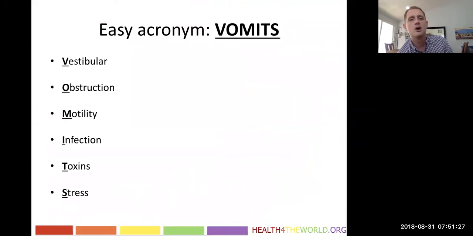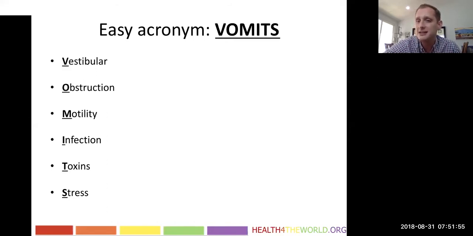So the first step in a patient who's feeling nauseous is to think about what potentially could be causing it. An easy acronym, and there are some longer ones that include a longer list, but I think this is the simplest and most important one, is VOMITS. Each letter stands for different things that can cause nausea. V is for vestibular, again, more motion, dizziness. O is obstruction, so an obstruction in the bowel.